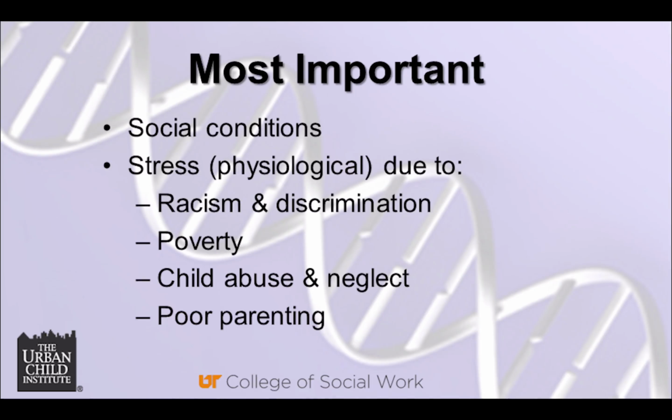Many of the pesticides that we now know are poisonous for human consumption operate by changing gene expression. So they do not necessarily cause mutations to the genes, but they alter gene expression in very harmful ways that are seen in people's phenotypes. Most important for us as social workers, though, is the revelation that social conditions influence gene expression.